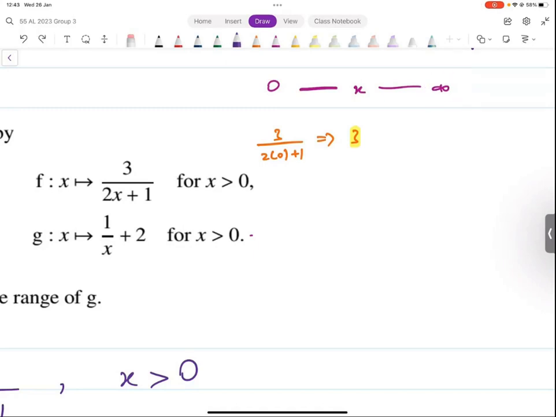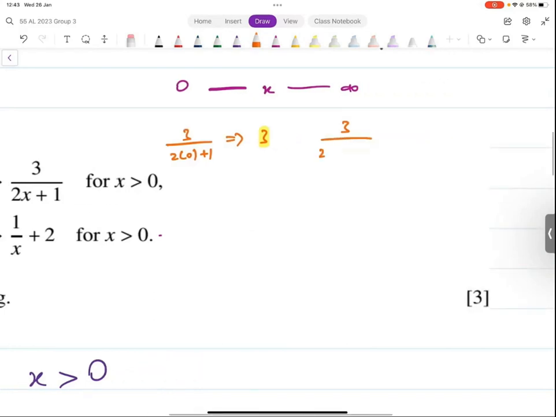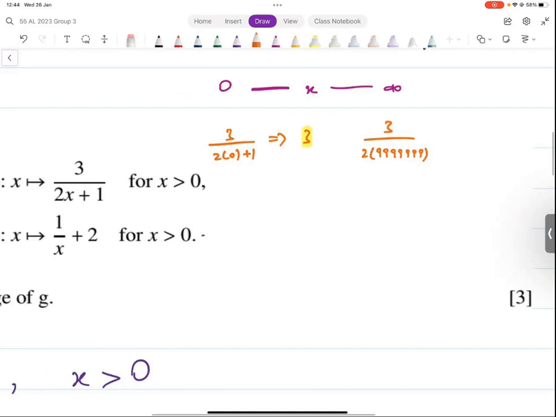calculator में, right? We don't have a number for infinity. What you do is you input an extremely large number on your calculator. So let's try doing this. 3/2 into 100, or to make it even larger, just put 999. Keep adding nines as many as you want. 99999, जितने मर्जी nines डाल दें, and then plus 1.